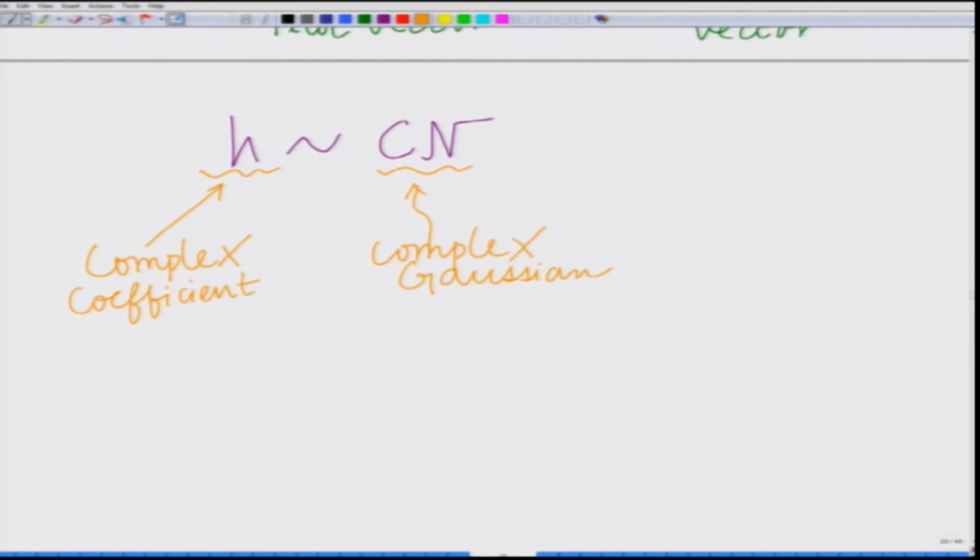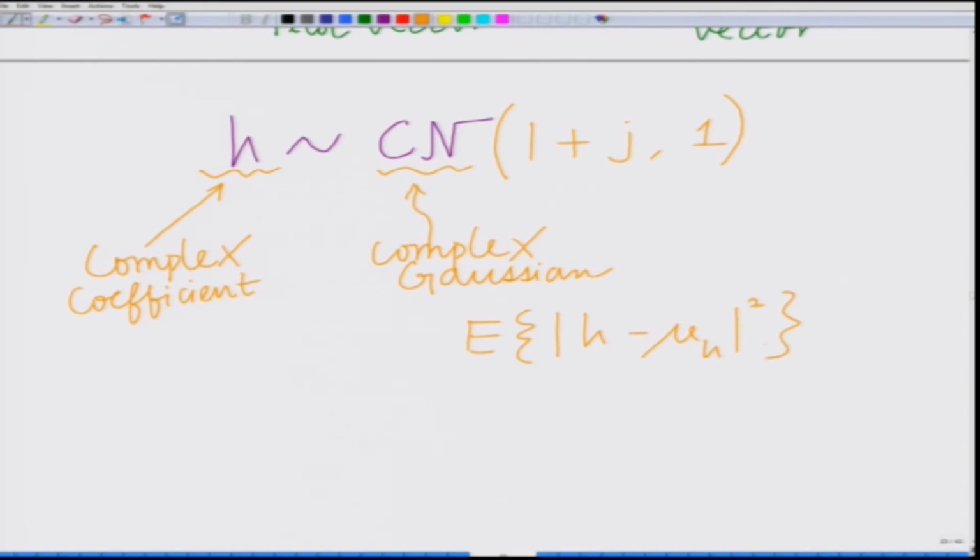Complex normal distributed with mean 1 plus j, which is a complex coefficient. So, the mean is also complex, but the variance is always going to be a real quantity, because variance is defined as the expected value of the magnitude of h minus mu h square.